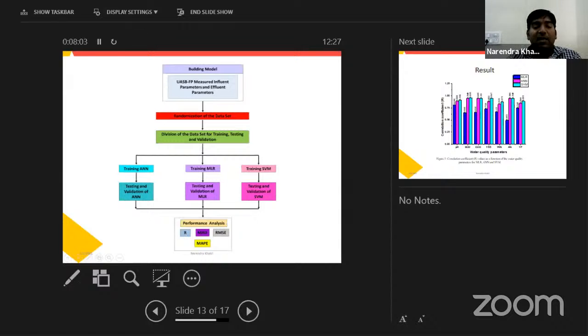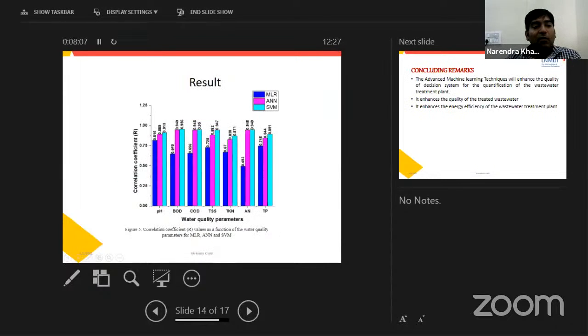What we observed is that, from the correlation point of view, for the prediction and the decision related to that, the best result we got was for the support vector machine.